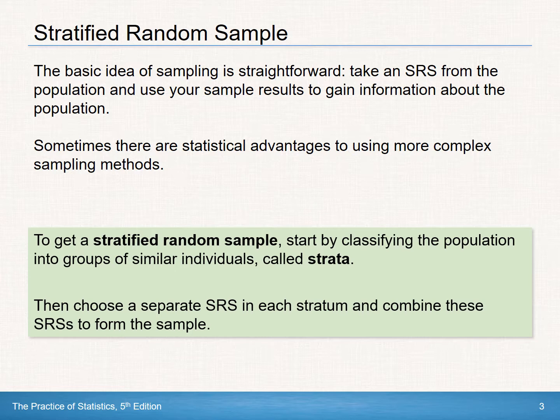So in the high school, this could be breaking everyone up into 9th, 10th, 11th, and 12th grade, and then selecting students from each grade level. That way, we know that we're getting information from all grades. So the different grade levels would be the strata, and then we use a simple random sample to pick the people out of each stratum, out of each grade.